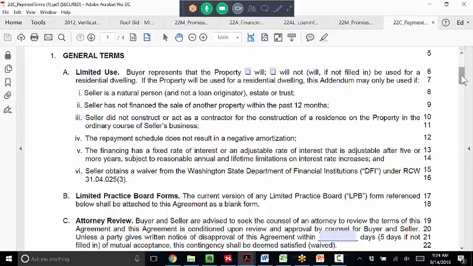So these requirements are a direct result of the Dodd-Frank legislation, and they're basically making sure that just because you're a seller and you intend to carry paper for this buyer, you're still bound by these same rules. You can't do negative amortization. You can't do prepayment penalties and all this other stuff.